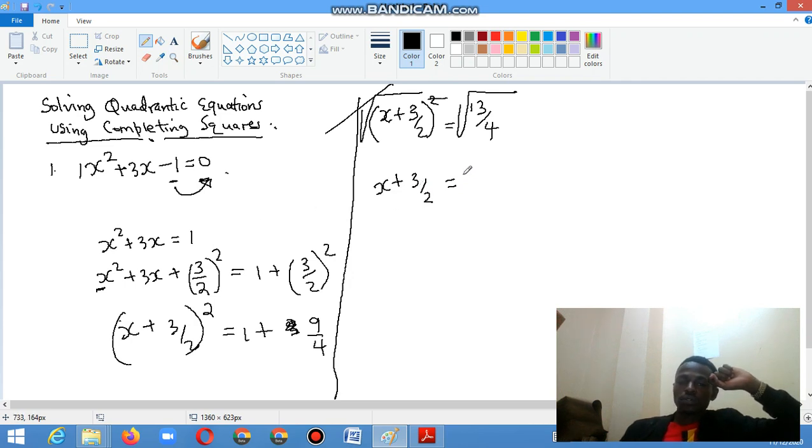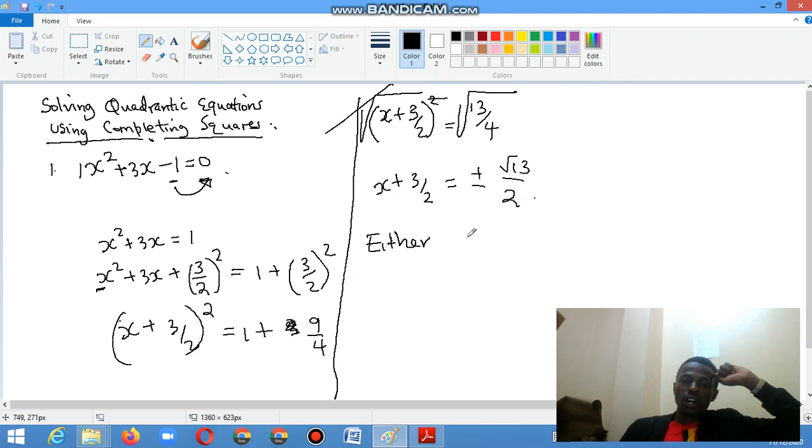That's why you have to include the plus or minus sign here. Then the square root of 13 remains as root 13, and the square root of 4 is 2. Therefore, we will have two answers.